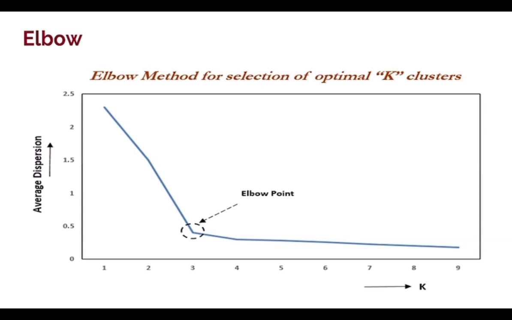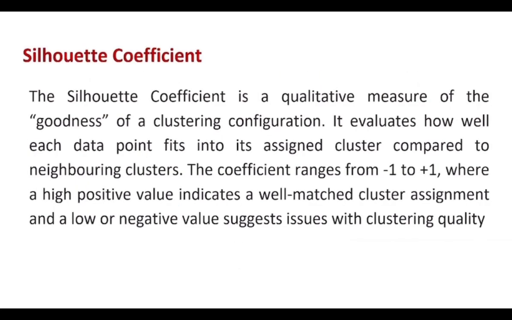Another criterion right now is what we call the silhouette coefficient. When you talk about the silhouette coefficient, this is a measure of the goodness of a clustering, in such a way that it evaluates how well each data point fits into the particular cluster group you assigned the object to, compared to the neighboring clusters.